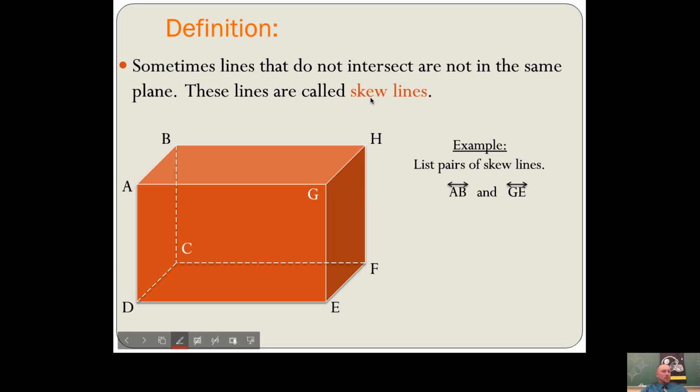Here's the new thing. Sometimes lines that don't intersect are not in the same plane. These are called skew lines. So I'm going to list some examples for you. Line AB, that's this guy, is skew with line GE.